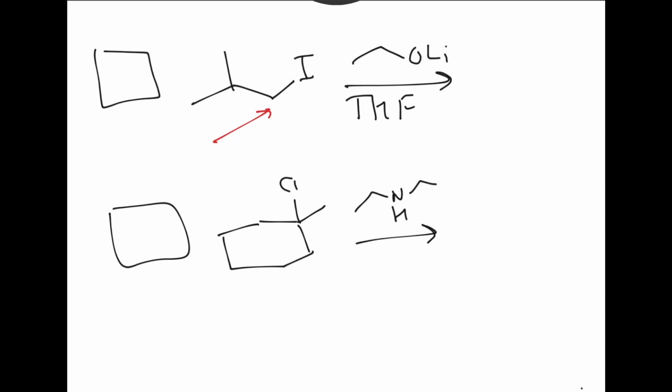What type of halide is that? What type of halide is the iodide? Primary. Primary halides only do Sn2 reactions. Congratulations, we're doing an Sn2 reaction.